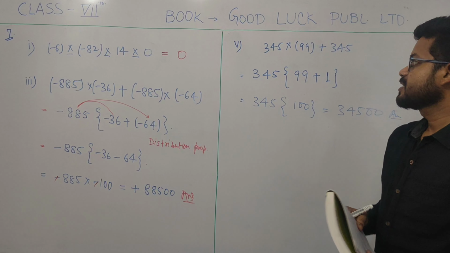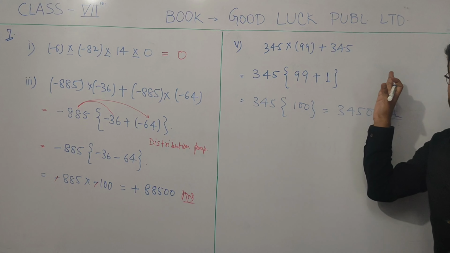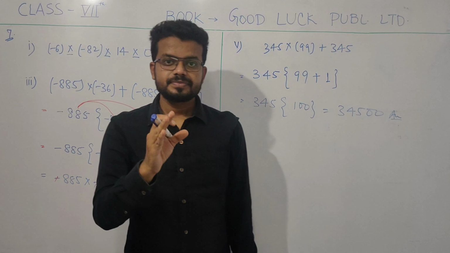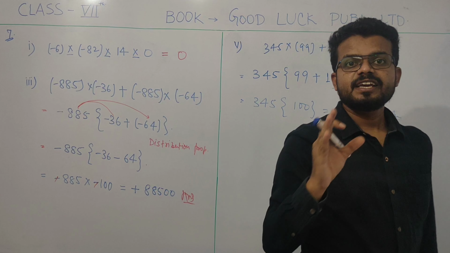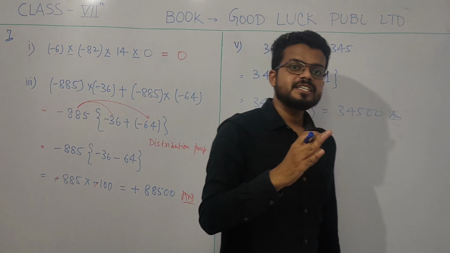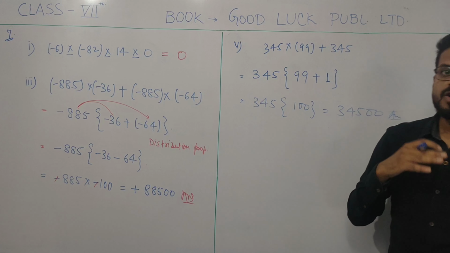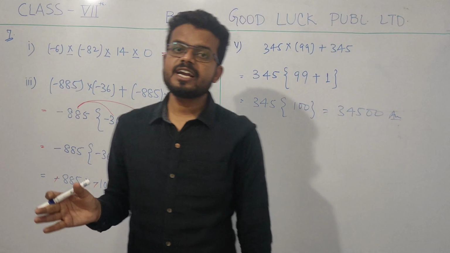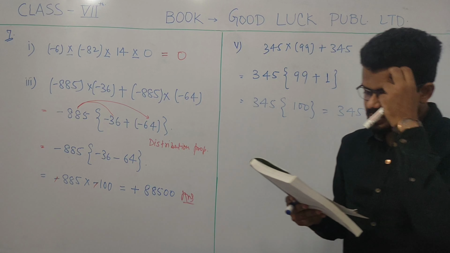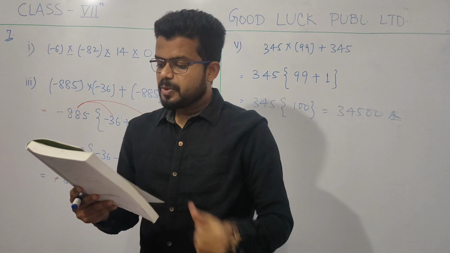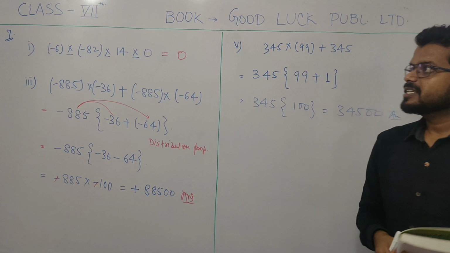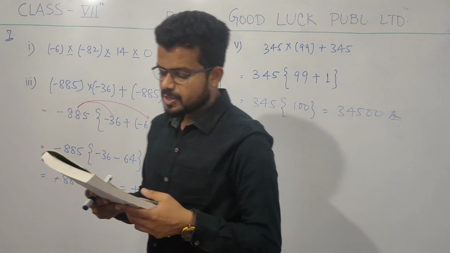What I told you earlier is, if there is an even number of negative signs, the result will always be positive, and if there is an odd number of negative signs, the result will always be negative. Here 5 is odd, so the product of 5 negative integers is always negative. So this is also true.